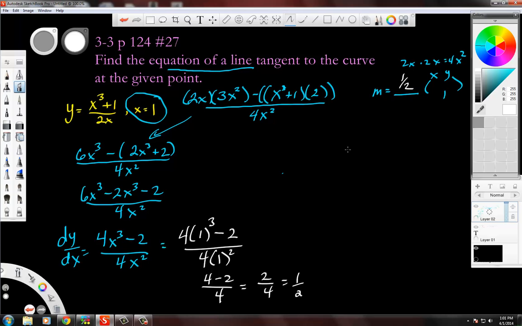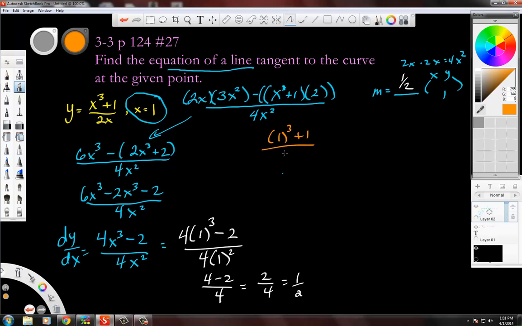And from here we need to figure out a point that this thing crosses through. So let's plug in 1 into the original. We'll take our original function, x cubed plus 1 over 2x squared, and I'll evaluate this at 1.